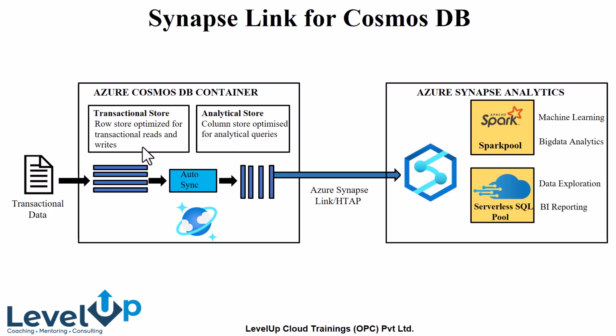It will convert this row form database to a columnar database, which is accessed by Synapse. We can access this data from Synapse to run our big data analytics or machine learning programs, or do data exploration, or BI reporting. That is the use of Azure Synapse with Cosmos DB.